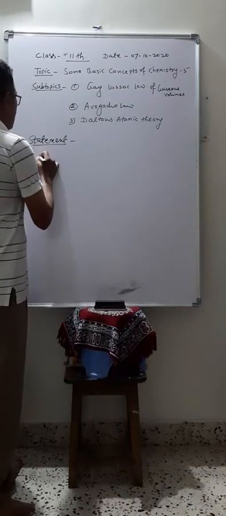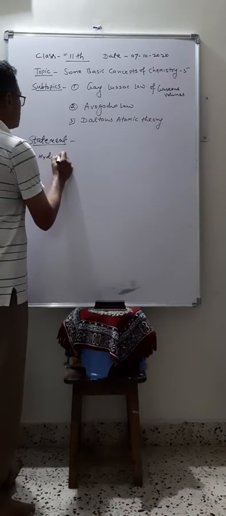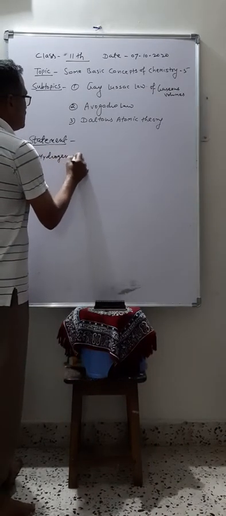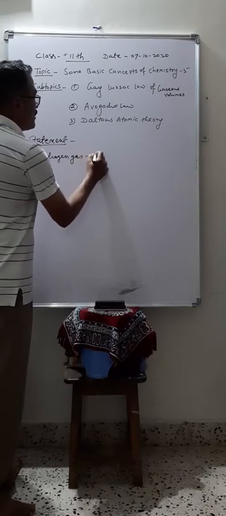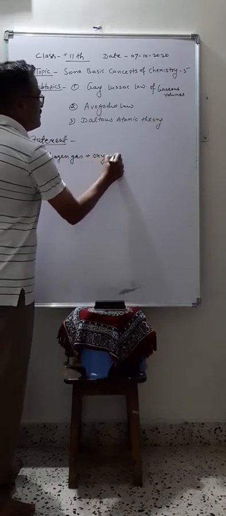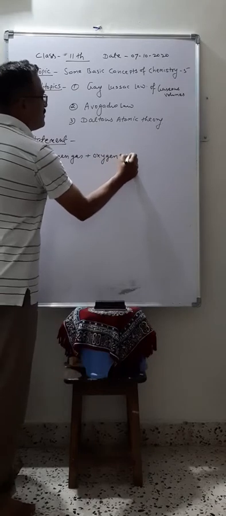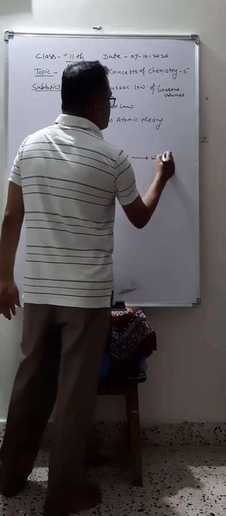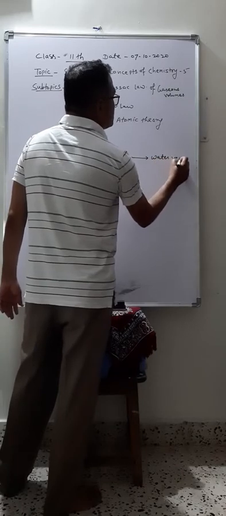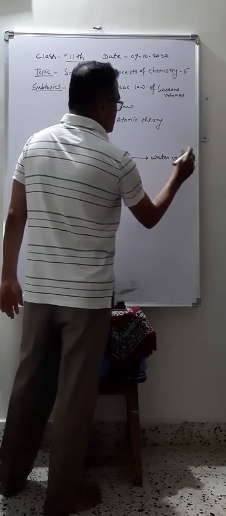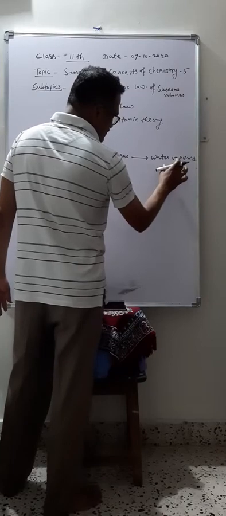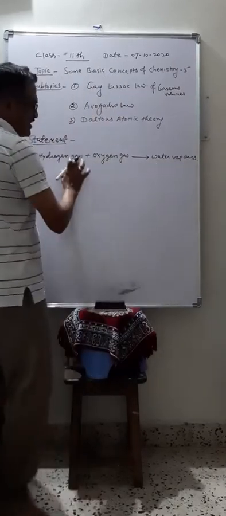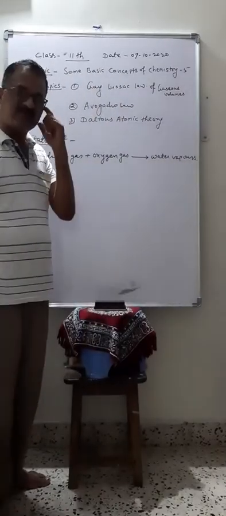Suppose that hydrogen gas combines with oxygen gas, and when the hydrogen gas combines with oxygen gas, water vapors are formed. So this product is also in the gaseous state, and both reactants are also in the gaseous state.